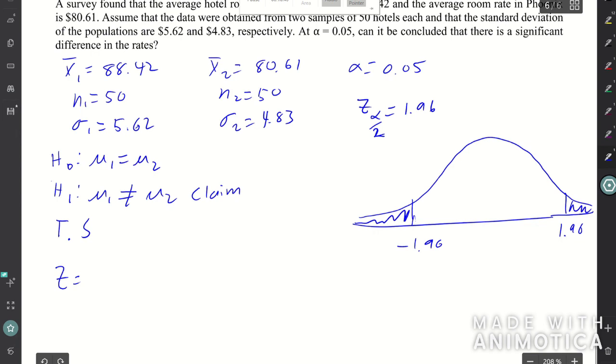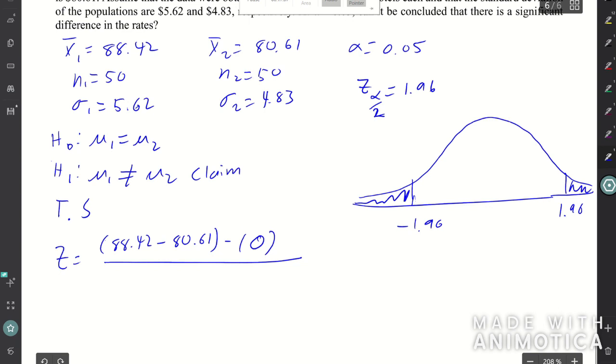Now our test statistic is going to have to include all the data. We've got 88.42 minus 80.61. Since our base assumption is that mu1 is equal to mu2, if I subtract mu2 to the other side, assuming they're equal, that portion of the formula is going to equal 0.